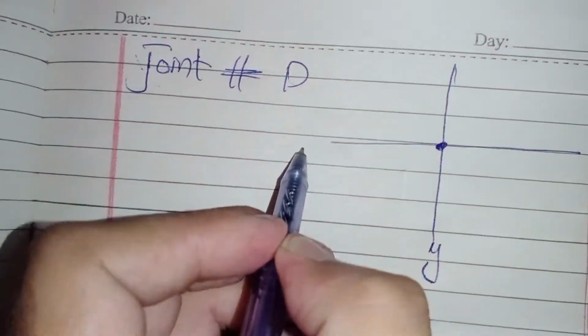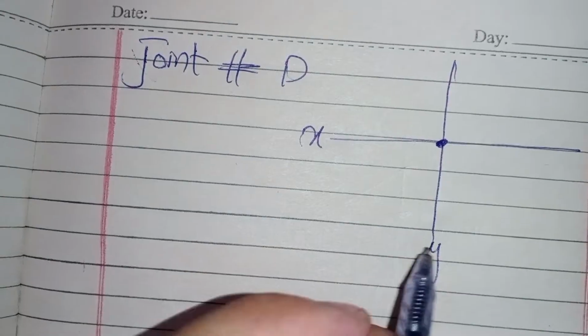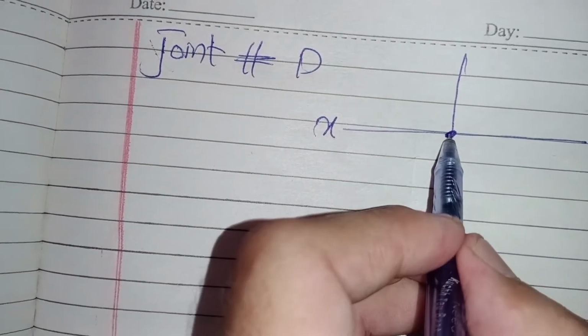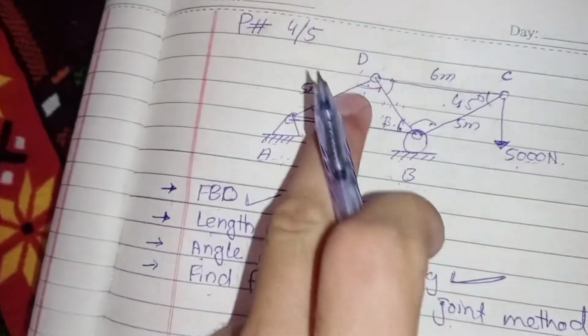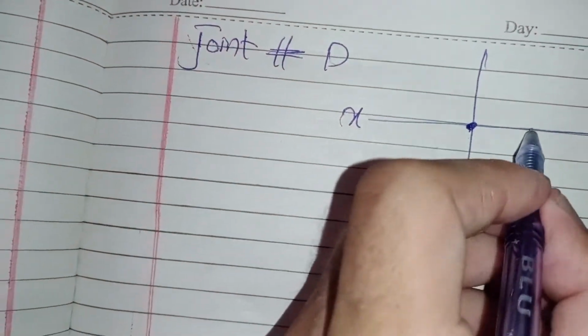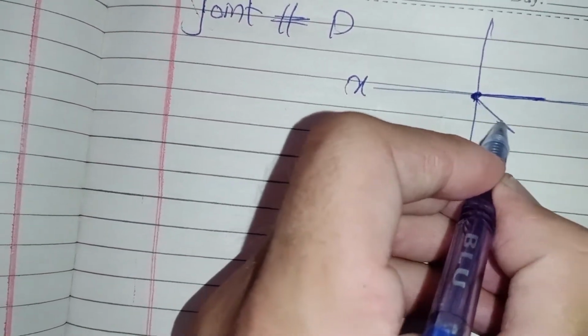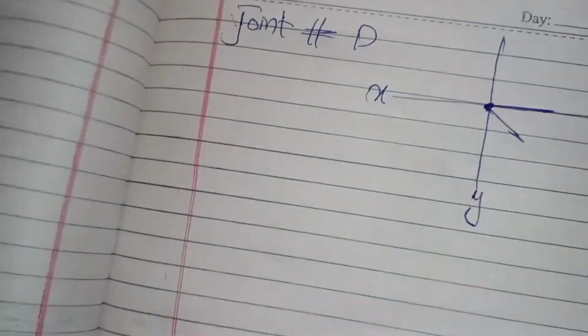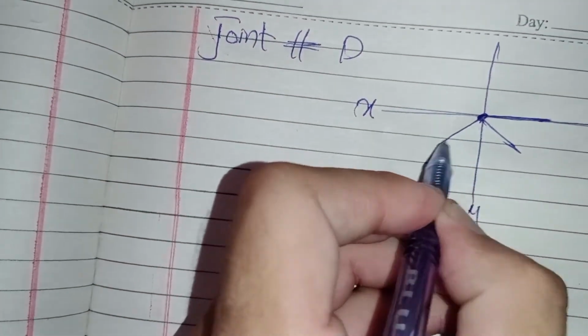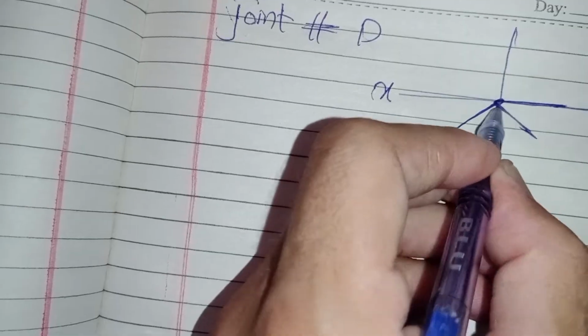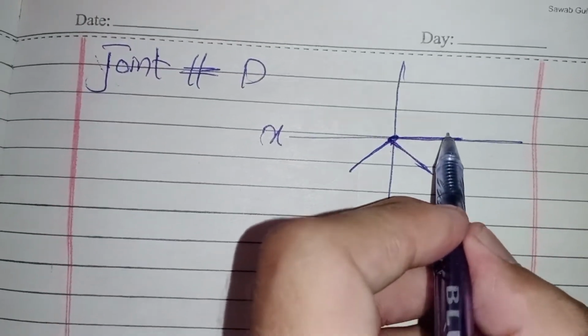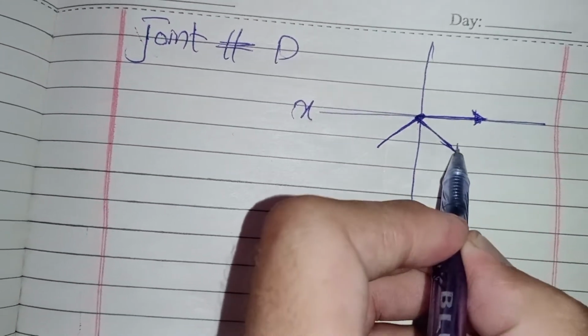So D is here, one force is here and the other force is there, and the other force is like there. I assume that all these forces are in tension.